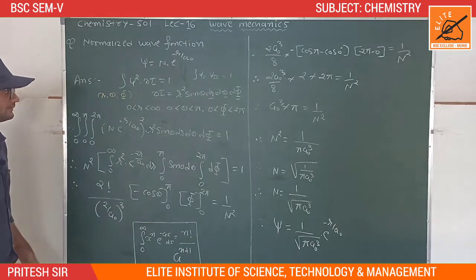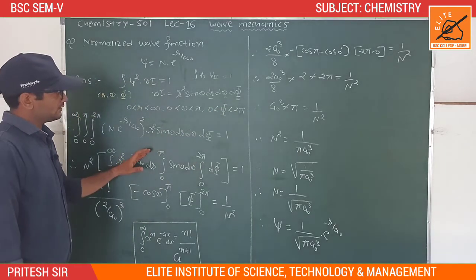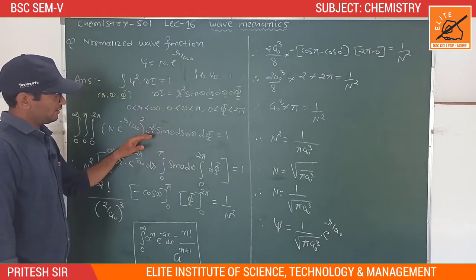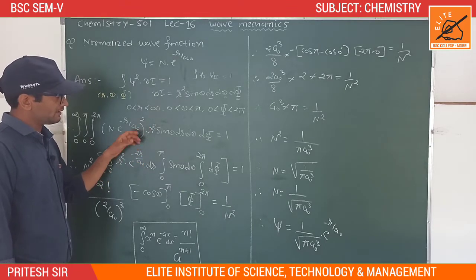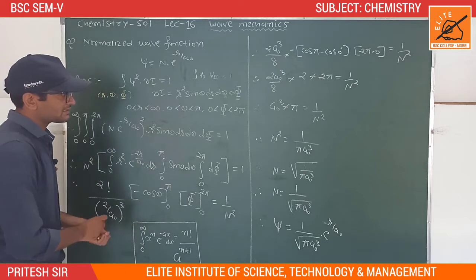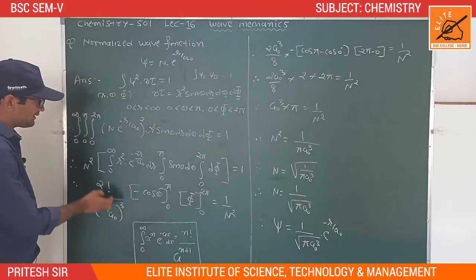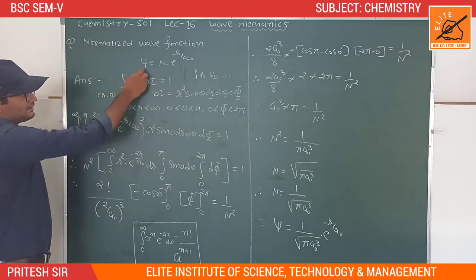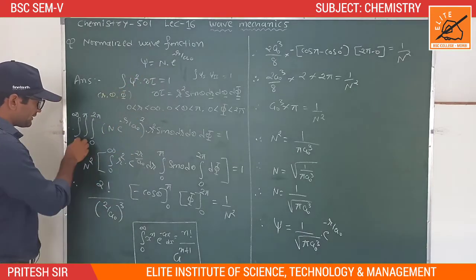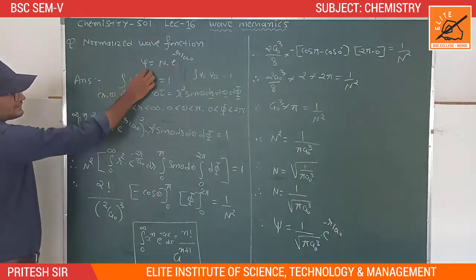In this case we need a triple integration, because the variables are three: r, theta and phi. So we apply triple integration on the function psi.